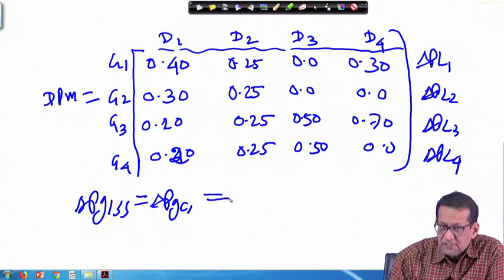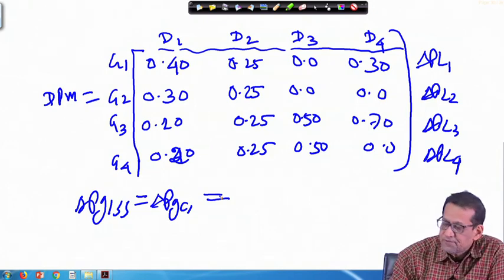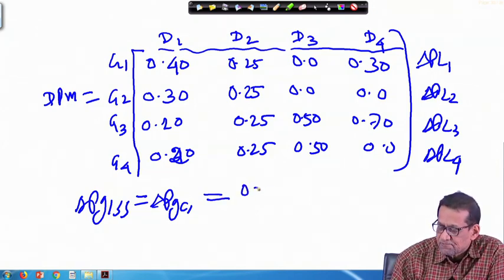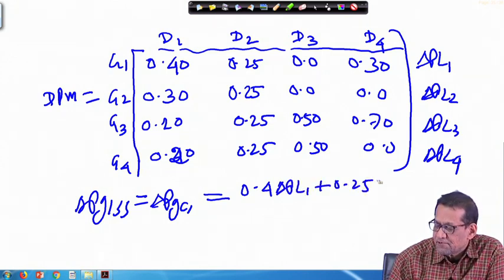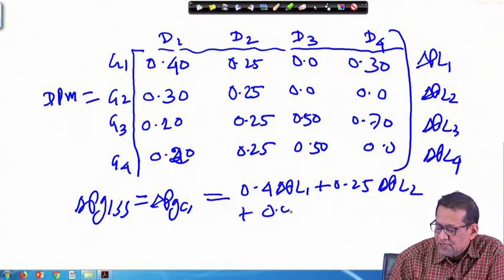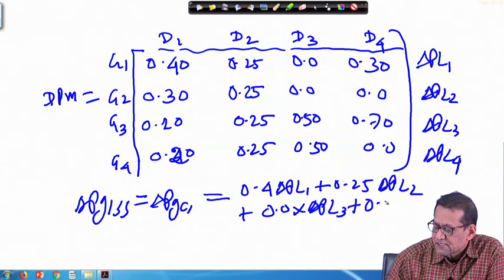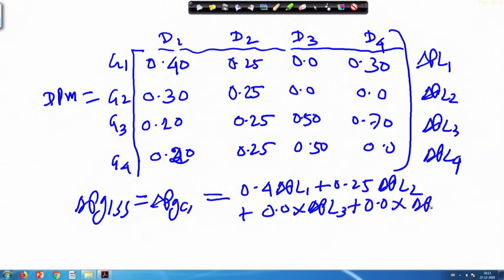So, that should be equal to, if you just multiply, 0.4 delta PL1, plus 0.25 delta PL2, plus 0.0 into delta PL3, plus 0.0 into delta PL4, the first row, with delta PL1, delta PL2, delta PL3 and delta PL4.